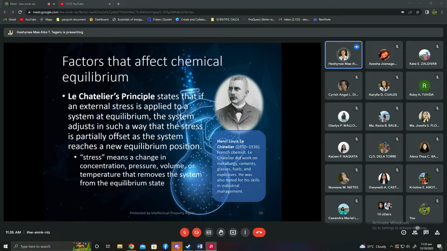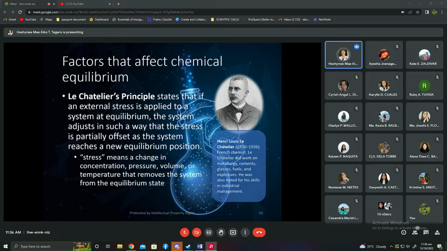So if you disturb it, if you give stress to the system at equilibrium, its balance will be broken. So the system will need to remove that stress or counteract that stress in order to reach equilibrium again. Okay?